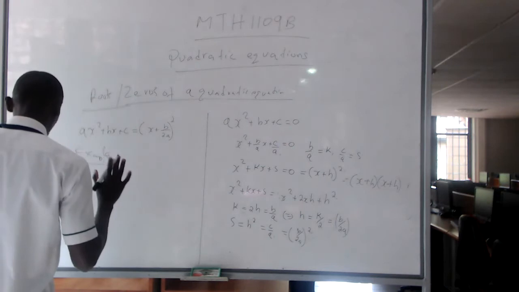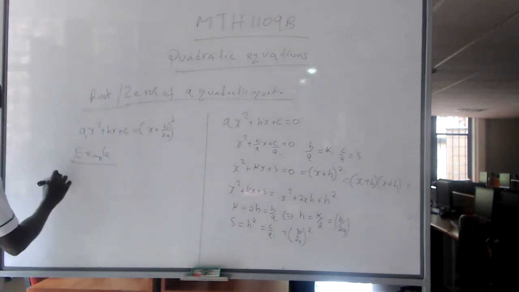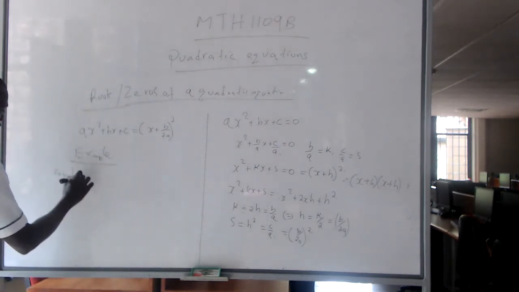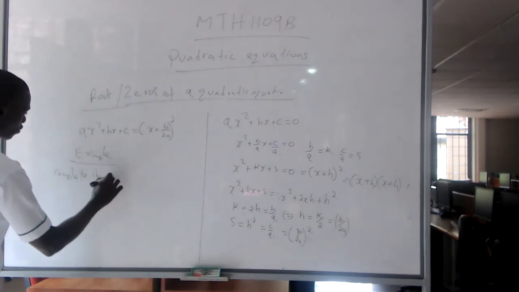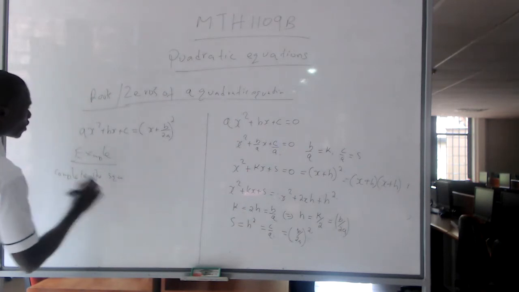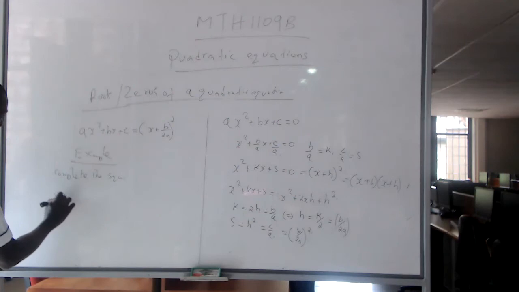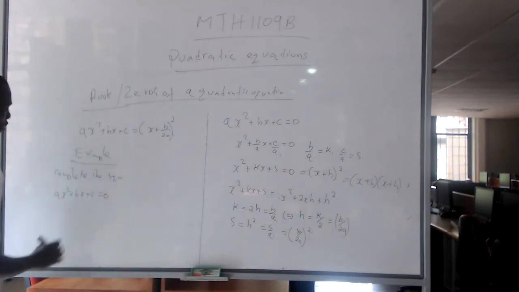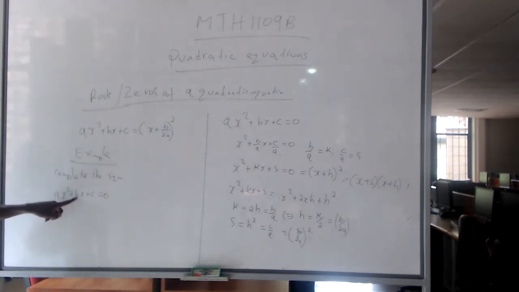First of all, let us complete squares before we use them. In general, to complete the square on ax squared plus bx plus c equals 0, the first thing is to make the coefficient of x squared 1.